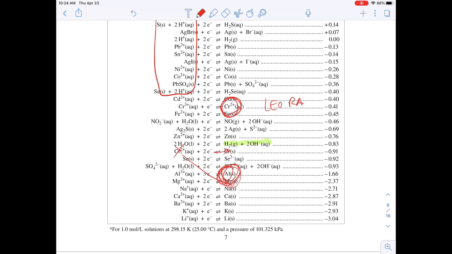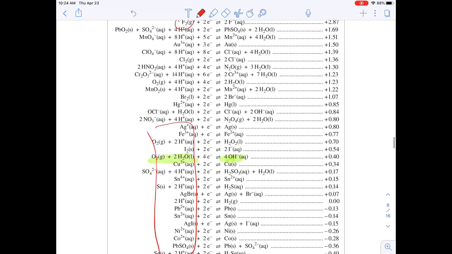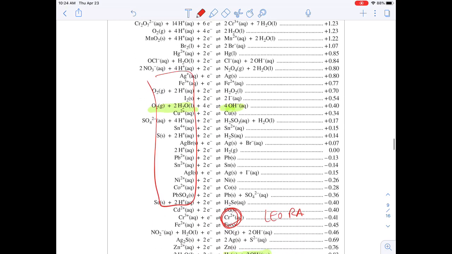So it would not include aluminum, but silver iodide is in here. Silver iodide is at negative 0.15, so it's here. That's one of the options that would work.